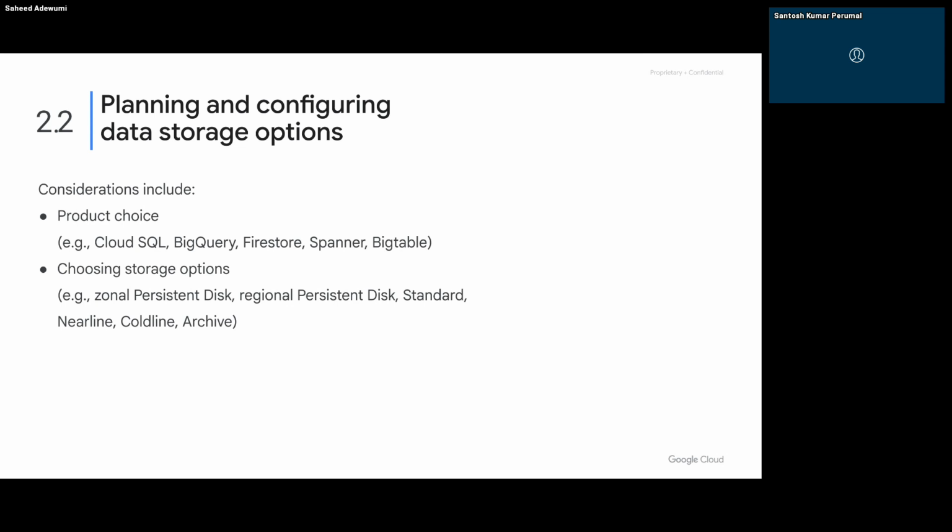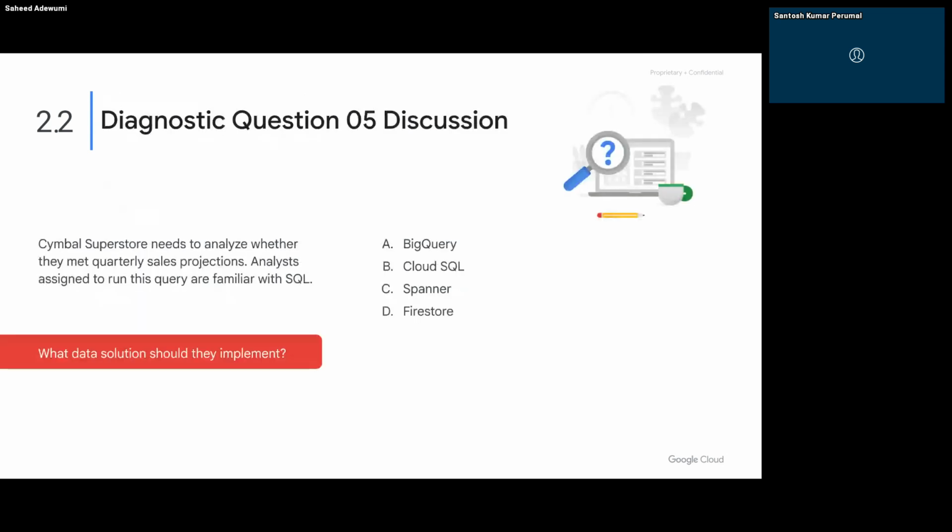So yeah, we have a question: Simba's superstore needs to analyze whether the mid-quarter sales projection, assigned to run this query, are familiar with SQL. So this question is talking about Simba store needing analysis tools for their SQL, and the best option here is BigQuery because BigQuery is used for analysis of data.